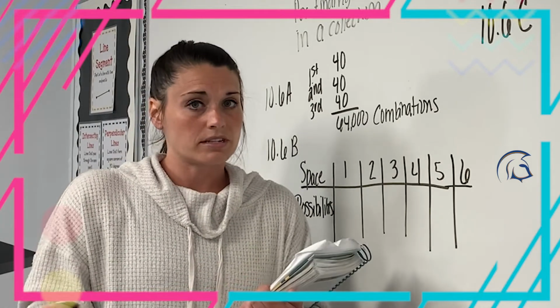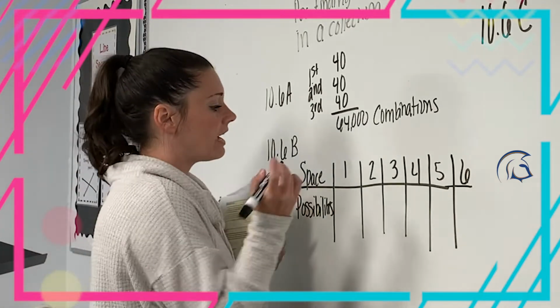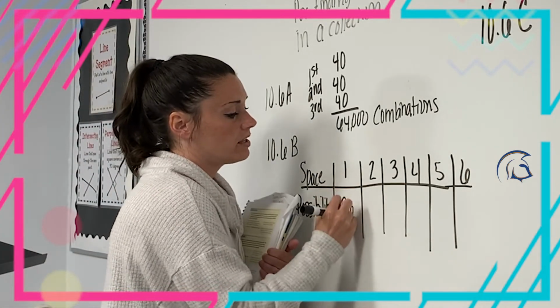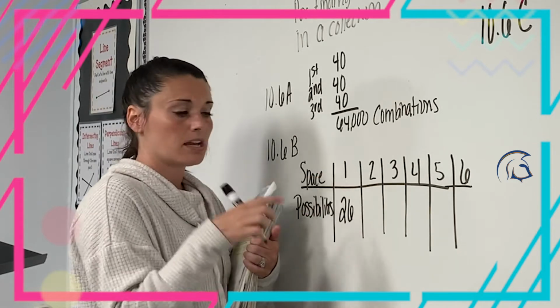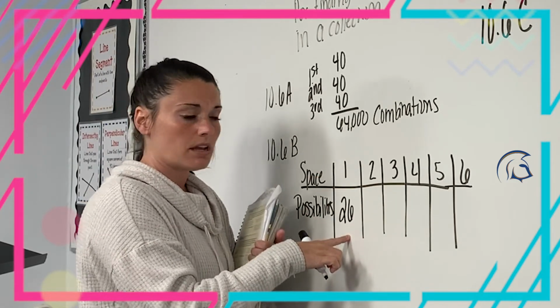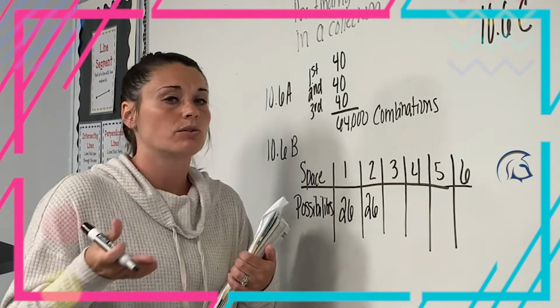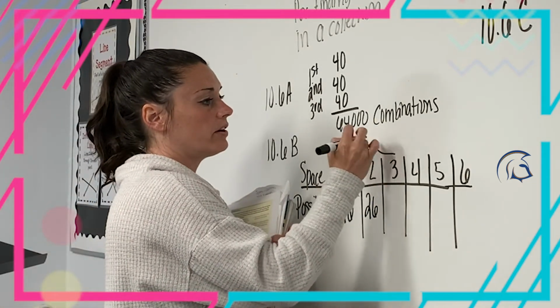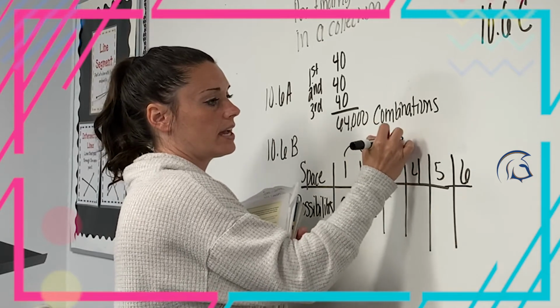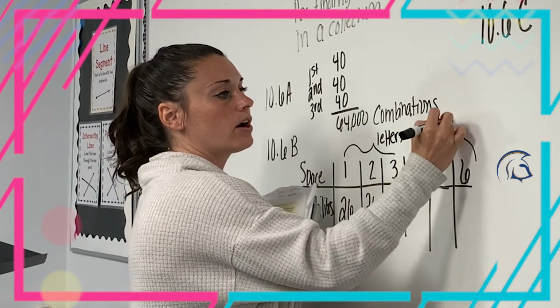And the first 3 are going to be letters. So there's 26 letters in the alphabet. So for the first space, there's 26 possibilities. The second space, there's also 26 possibilities because the first 3 here are letters, and then here are numbers.